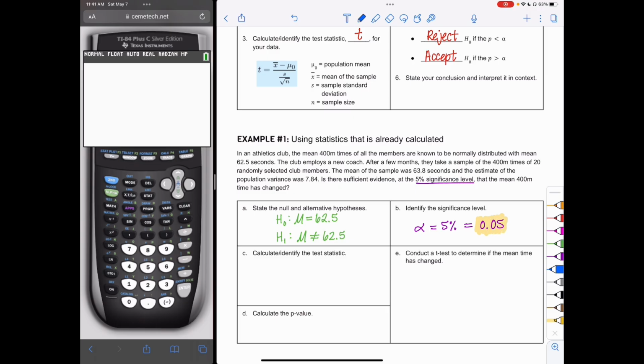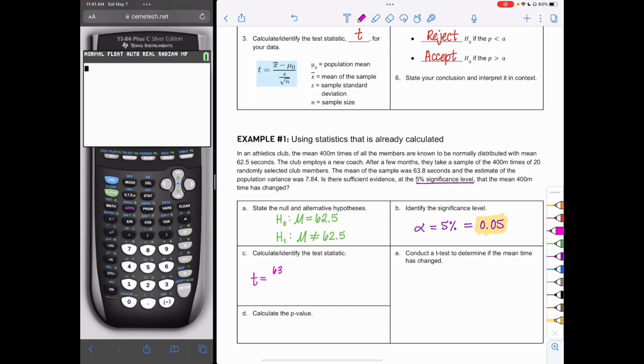Next, we want to calculate the test statistic. In order to find the test statistic, I'm going to show you how to do it by hand using the formula. So we have t is equal to x bar, which is the mean of the sample. The mean of the sample, it says in the problem, was 63.8 seconds.